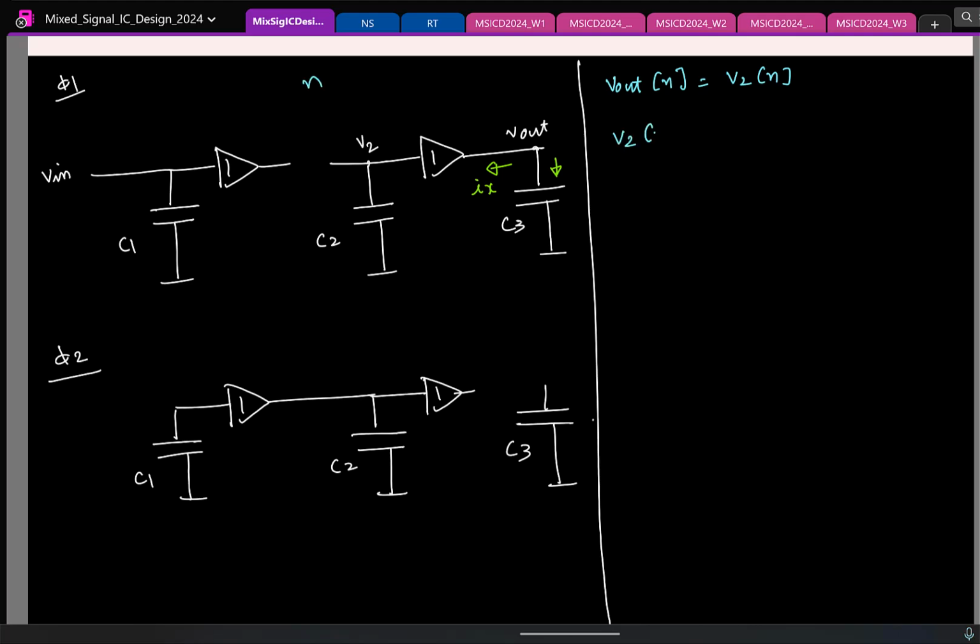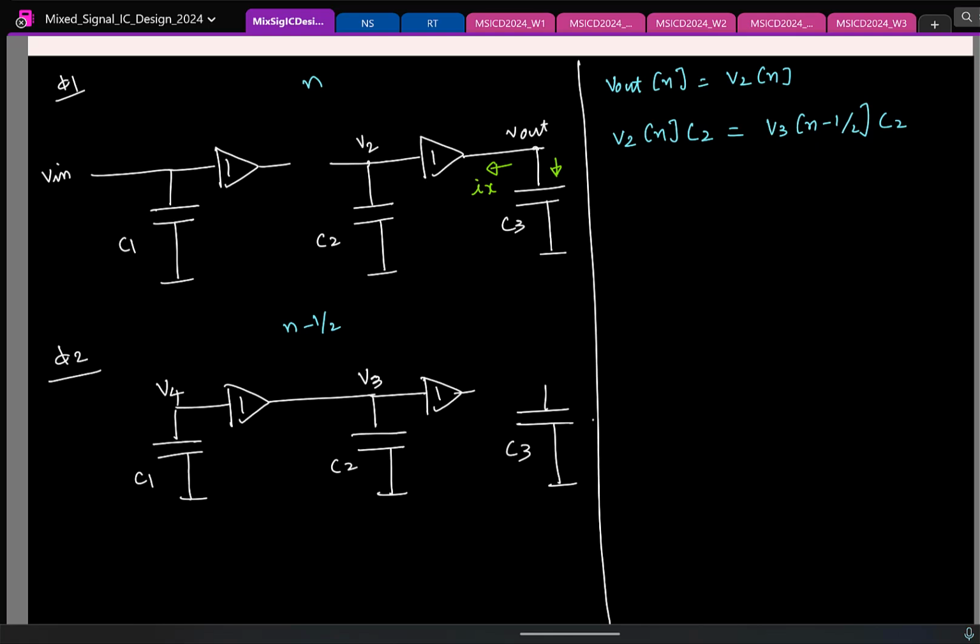So V2 of n times C2 will be equal to, let me call these voltages, let's say this is V3 maybe, this is V4 something, okay. This is equal to what? V3 of, clear? So which means now to find V2, I should find V3 of n minus half.